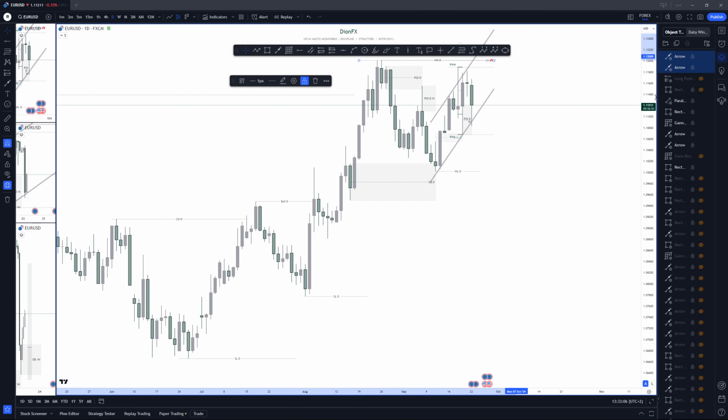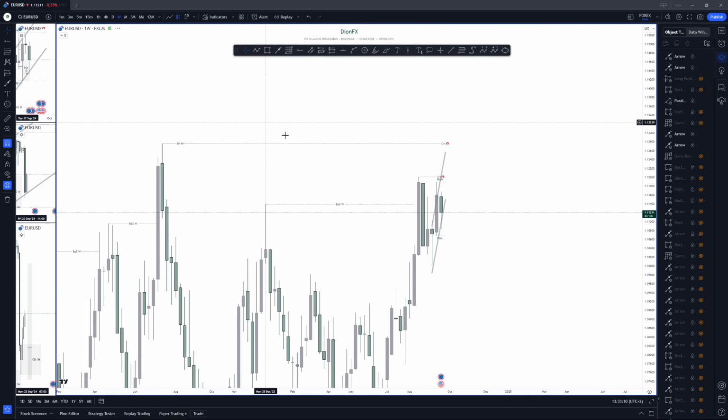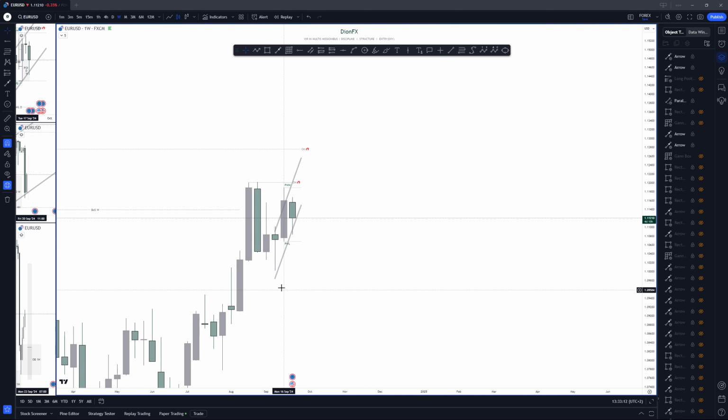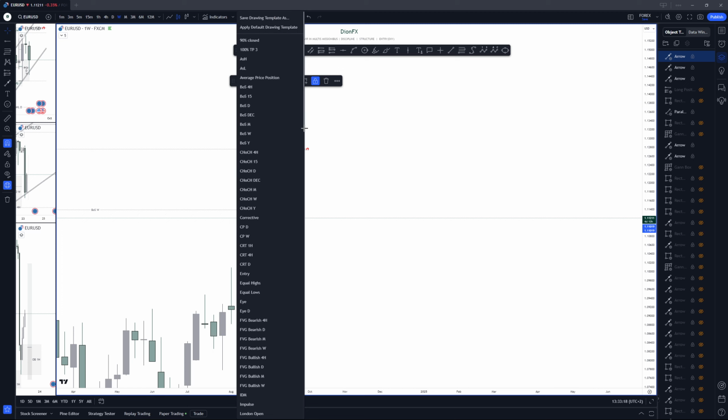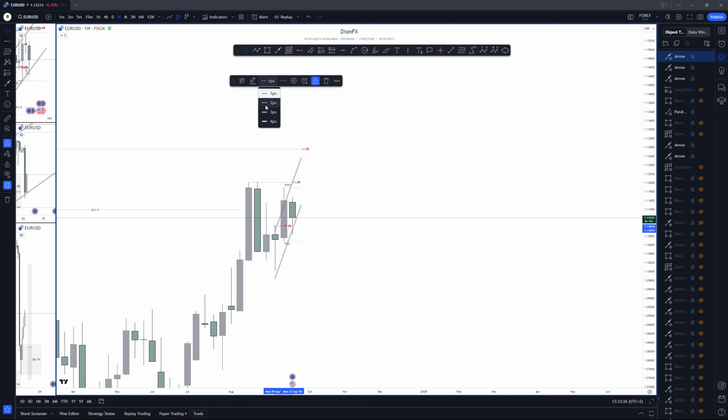So right, okay, cool. If you look at the weekly time frame, last week we closed very bullish. This week we have come and retested this weekly order block right there.